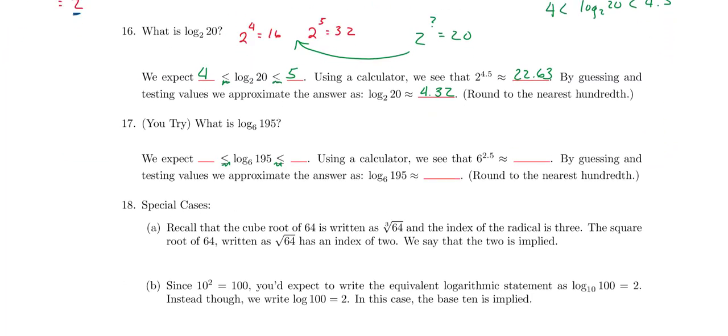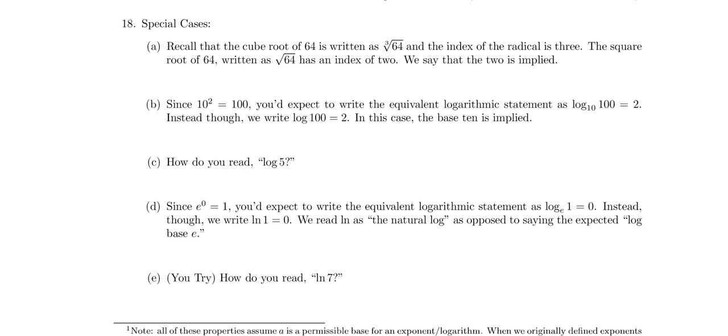Okay, so we've got a few more examples to look at. This is some special cases. I want to remind you that you all know to read the expression right here as the cube root of 64, and the index of that radical is stated right there to be 3. That's why you know to read it as the cube root. But what if I asked you about this expression right here?